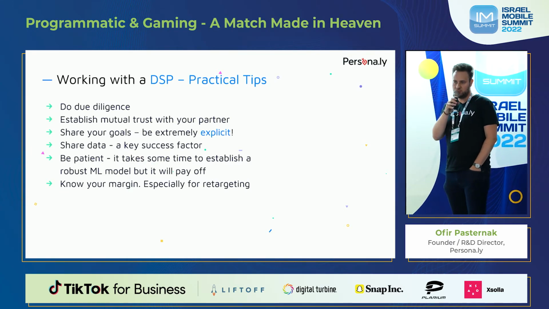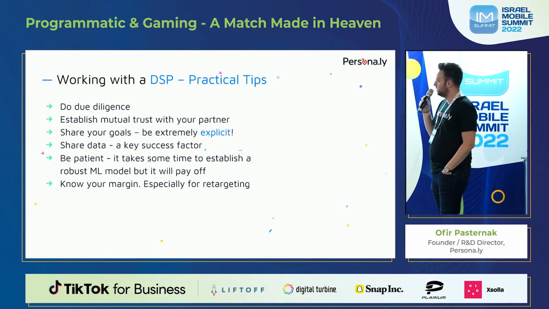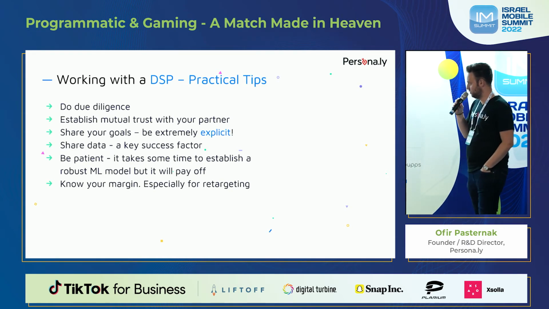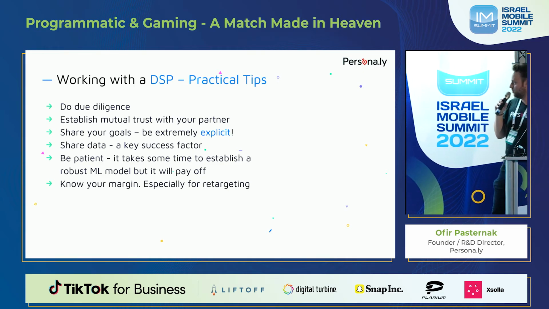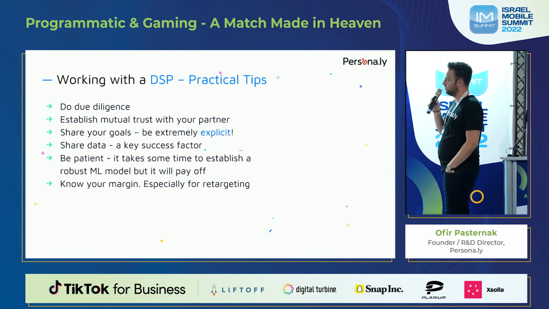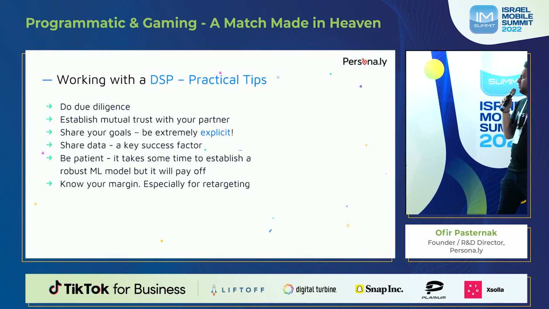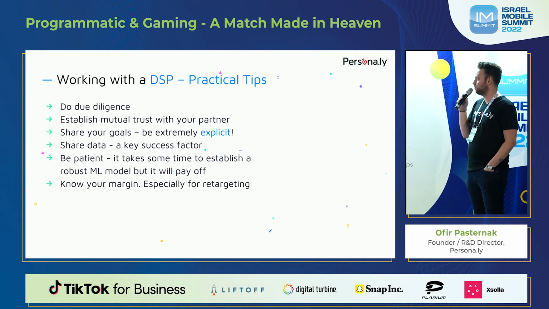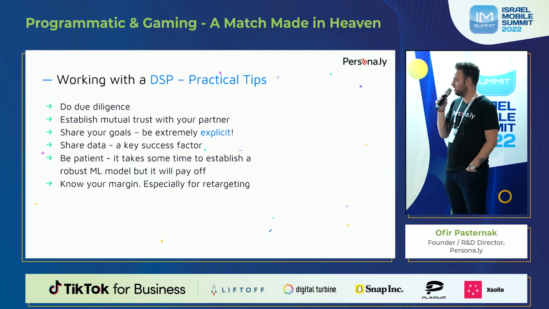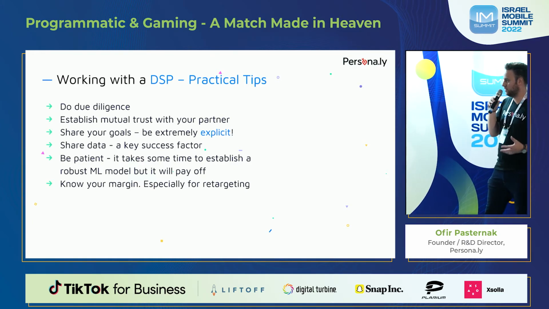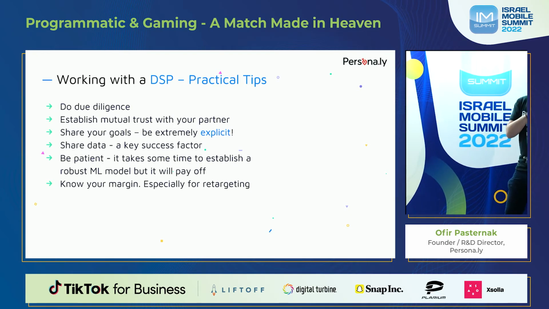It's extremely important for your DSP partner to understand how to take you to success. Patience is something really interesting, because if you work with programmatic partners, it takes time to establish a robust model for installation and for purchase. So you have to be patient and understand that you will need to see the weekly trends until you get to your ROAS KPI.